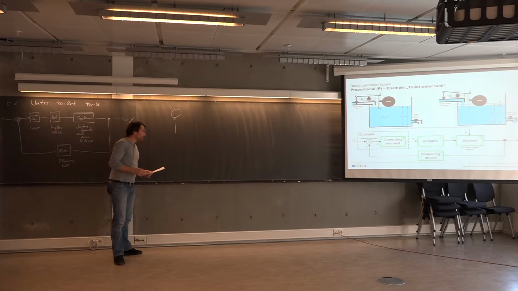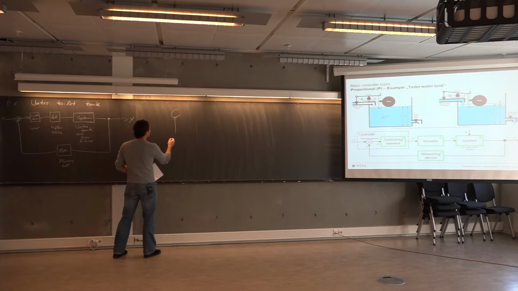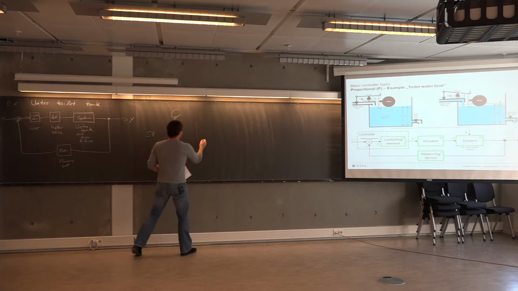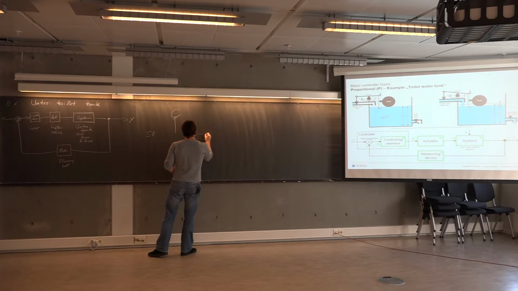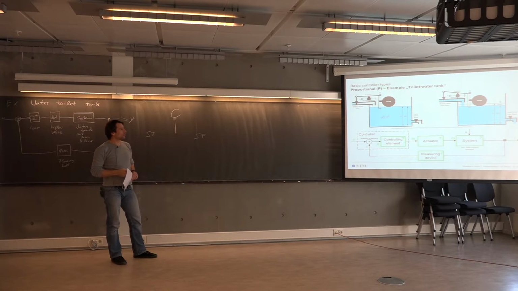And as the conceptual sketch on the project, which is projected there, shows, we have a flow source on the left-hand side, the inflow of water, and correspondingly we have an outflow on the right-hand side.